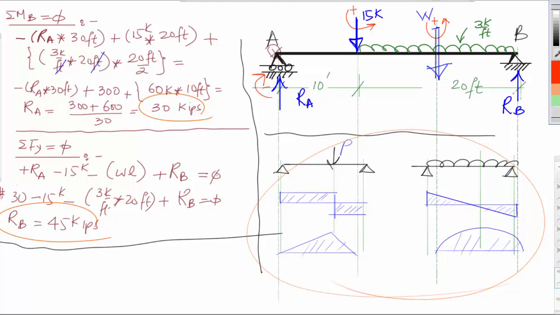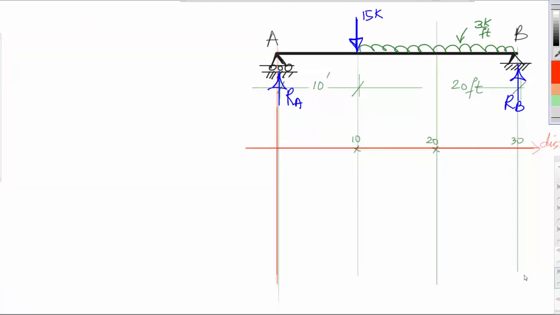Now that we calculated the reactions, we'll just update our sketch here. For the reactions, this will be equal to 30 kips, and this is equal to 45 kips.